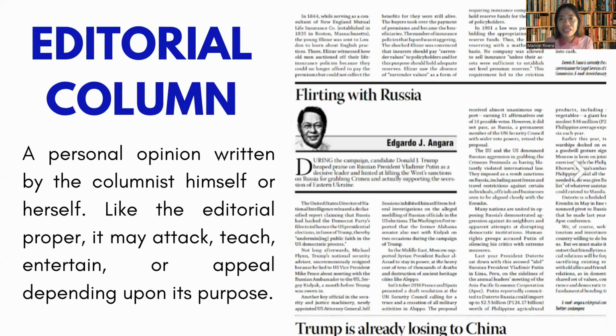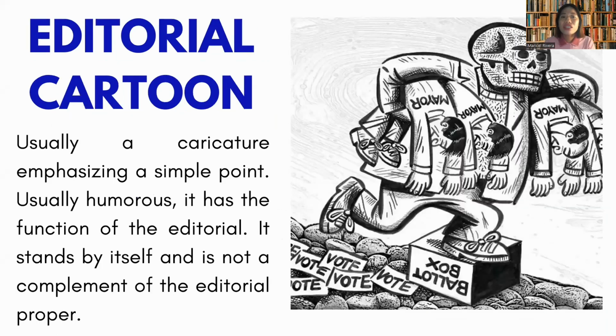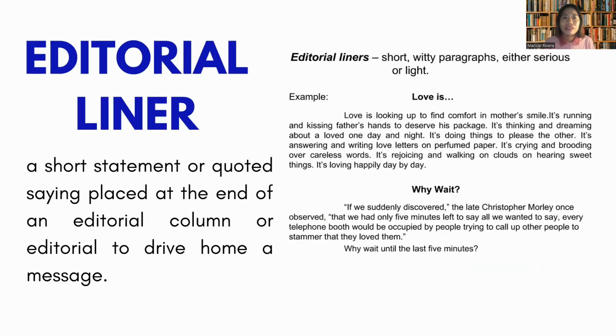And of course, the editorial cartoon, which is not really complementing the editorial proper because an editorial cartoon can stand alone, though when they are placed in the newspaper section, they are basically put side by side. But it doesn't mean you need to read the editorial proper before you can understand the editorial cartoon. Next we have the editorial liner.